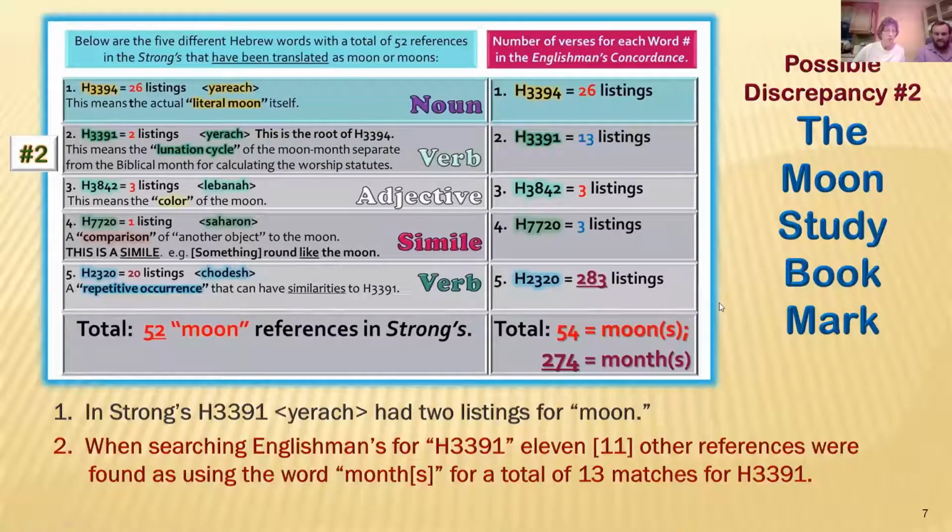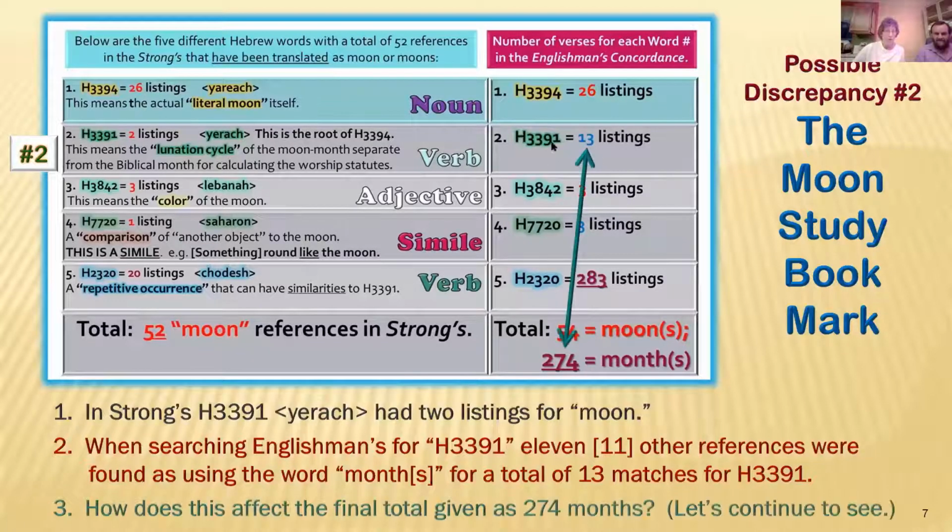So that's why you will have 13 here instead of 2, because it's telling you that those extra 11 months have that same number, 3391. So that's why you have 13 matches there. That looks like a discrepancy, but that's because it gets separated out.